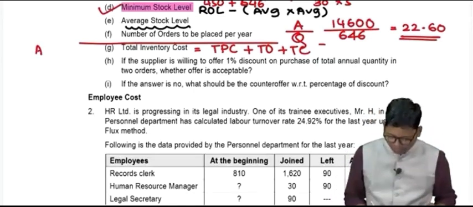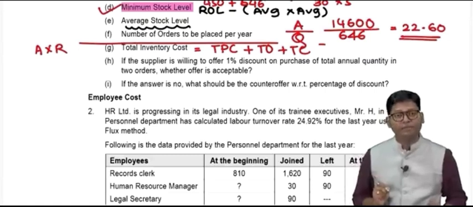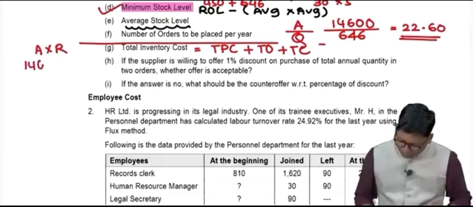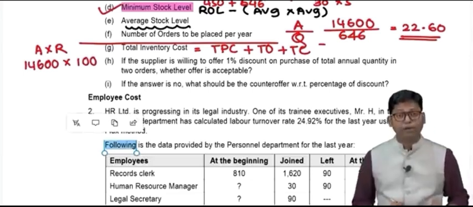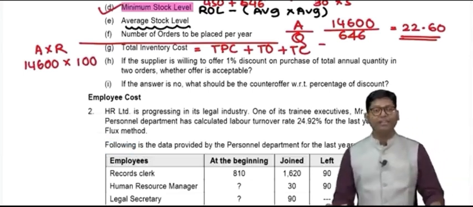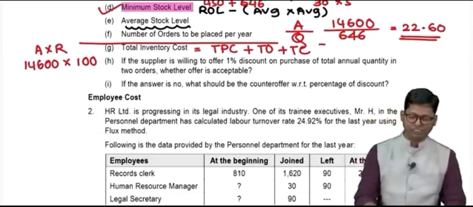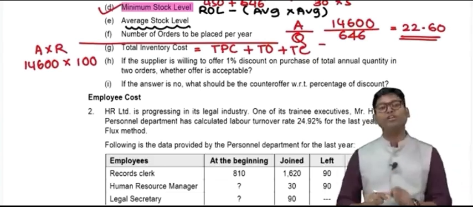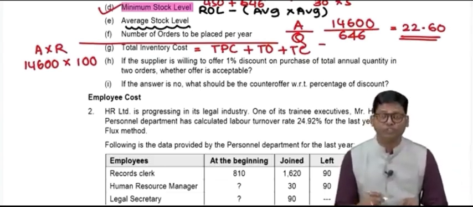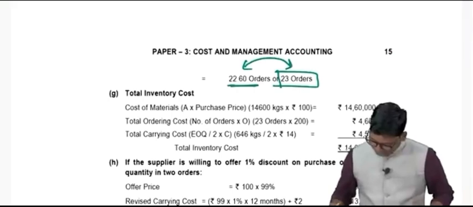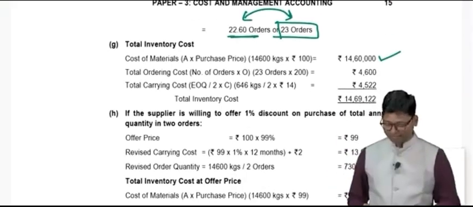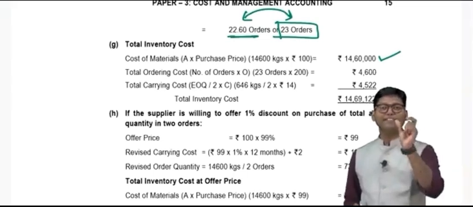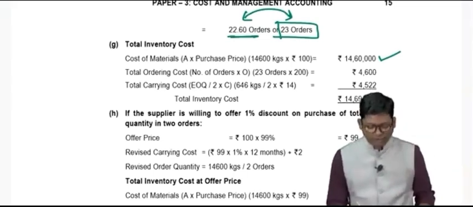Purchasing cost is annual requirement of material into rate. Our annual requirement of material is 14,600 and the rate given in the question is 100 rupees. There is no discount covered anywhere in the question. That's why 14,600 into 100, your purchasing cost will become 14,60,000 rupees. Please check the suggested answer. They have given you 14,60,000 rupees. This is the final cost which you have computed, but it is only related to purchasing of material.